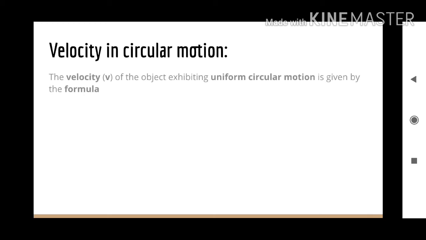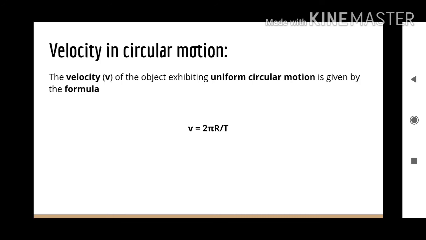And finally we come to the final concept of this chapter, and that is velocity in circular motion. Since we are talking about motion, we have to describe the velocity. We talked about acceleration and force in the previous section, so let us look at velocity. The velocity v of the object exhibiting uniform circular motion is given by the formula v is equal to 2 pi r by t.